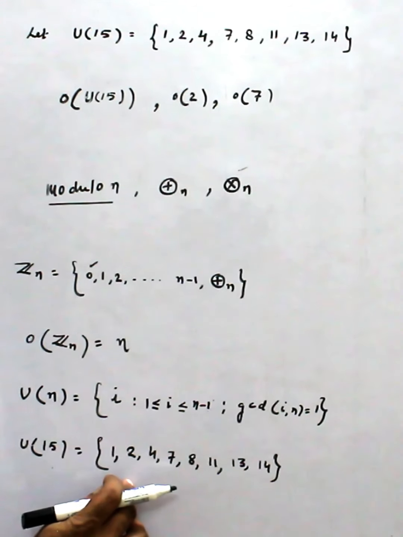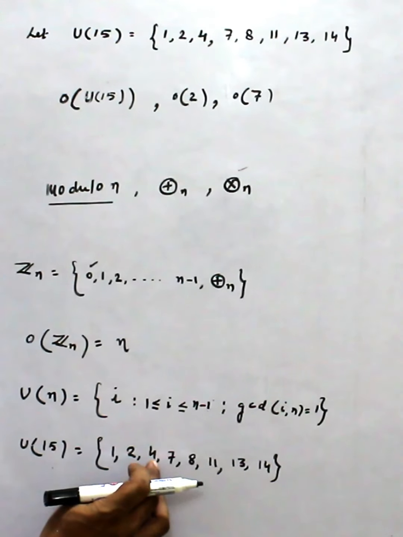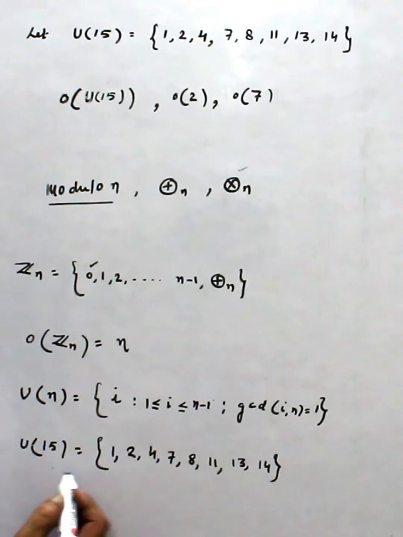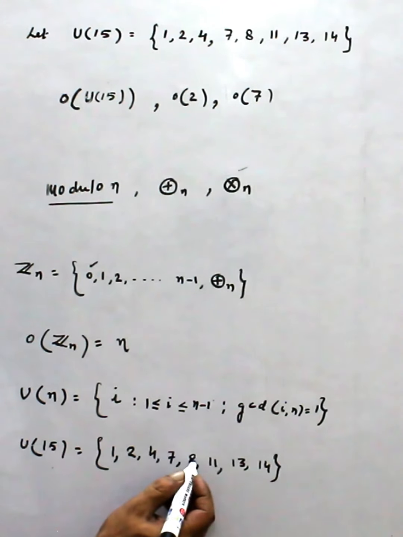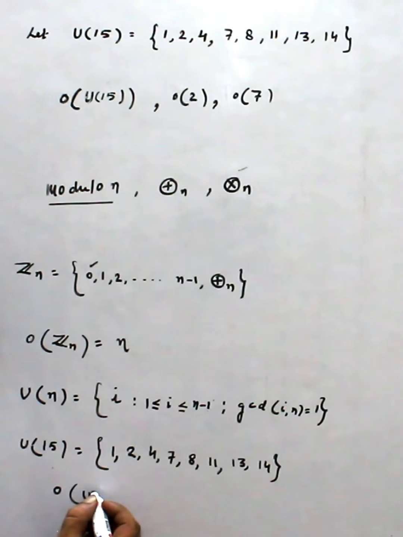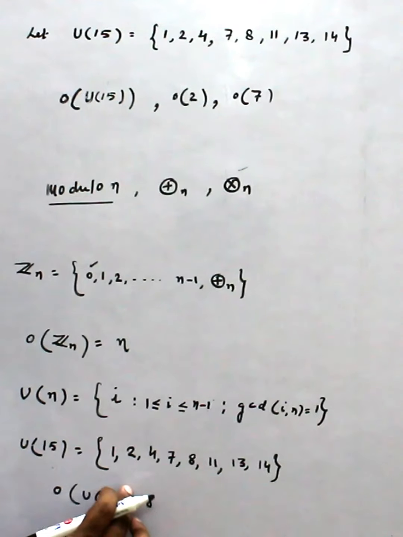Just match this set 1, 2, 4, 7, 8, 11, 13, 14. That means 1, 2, 3, 4, 5, 6, 7, 8. So the order of U15 becomes 8. So the order is the number of elements in the group.